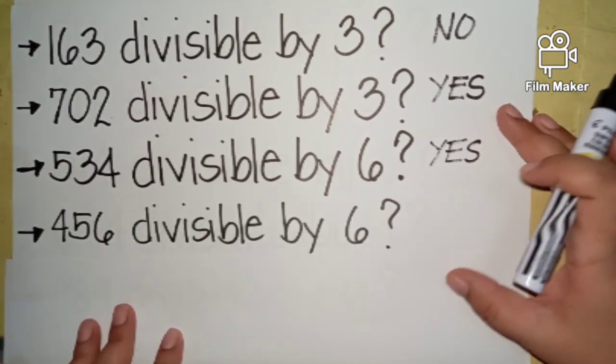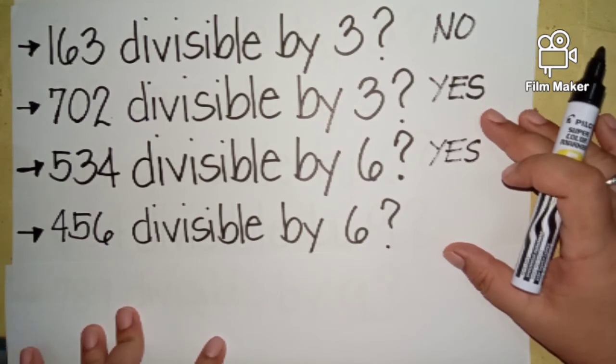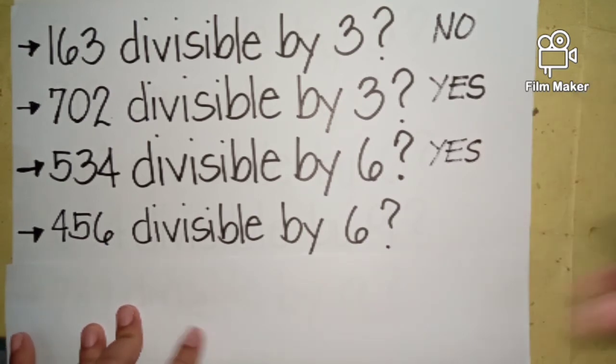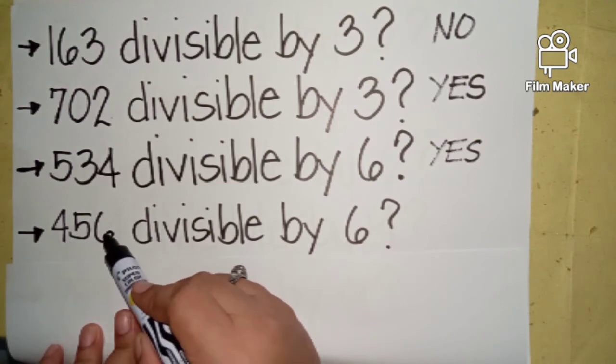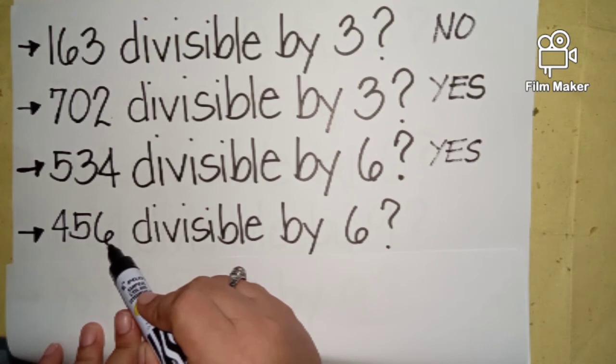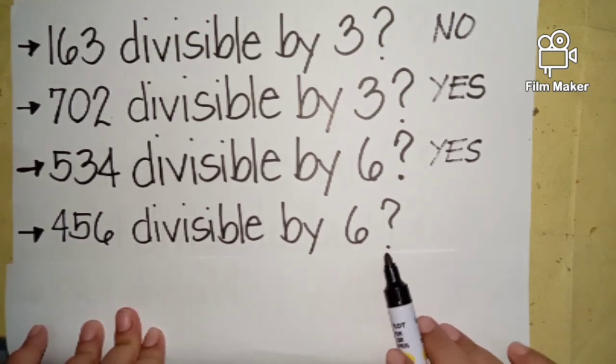Next is 456. Is it divisible by 6? Okay. 456 ends with an even number 6. So, therefore, divisible by 2 siya. Okay. Let's find out if divisible by 3 ba siya.